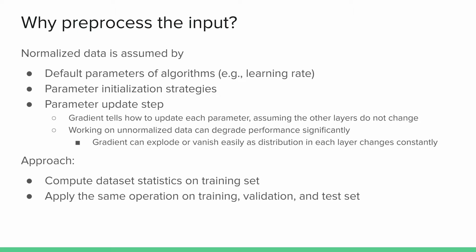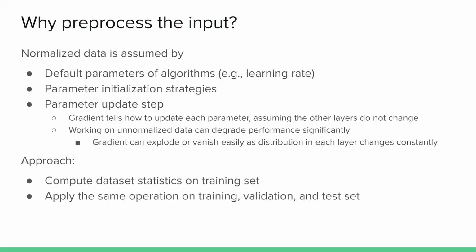And of course, every parameter update step is relying on this assumption, basically. So when you think about the gradient, what it does is we are computing the partial derivatives of all our parameters with respect to one single parameter to learn how to update that parameter. But the underlying assumption, therefore, is that we only change one parameter at a time and all other parameters stay the same, which is not what we're doing.